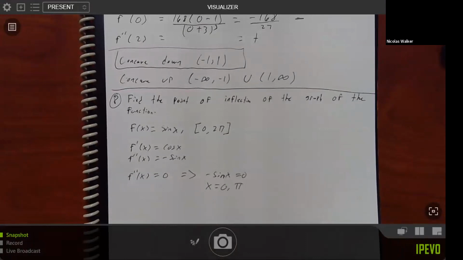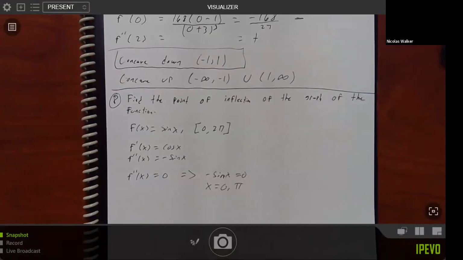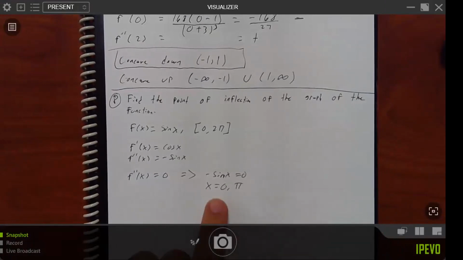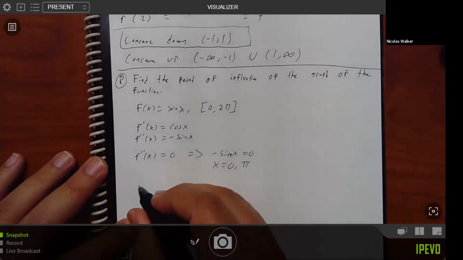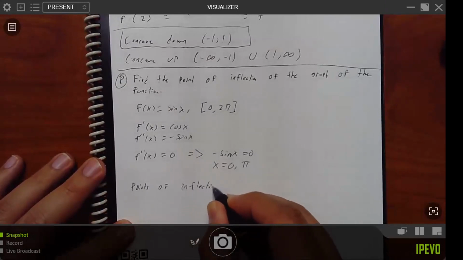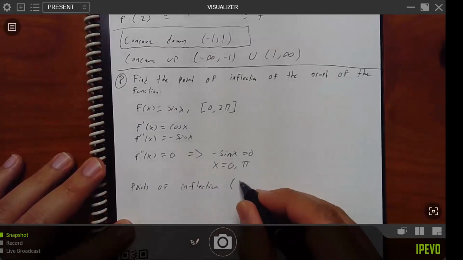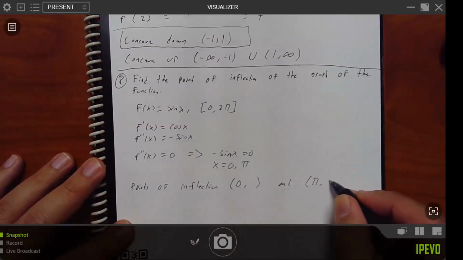So what's the point? The point of the inflection? The x values are going to be 0 and pi. So we still have to find our test point. The points of inflection are 0 comma something and pi comma something.